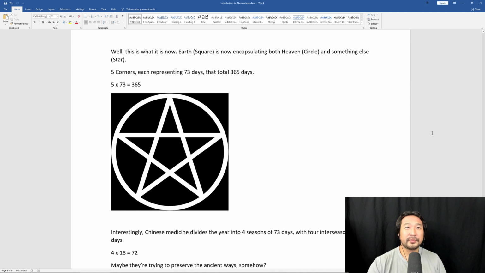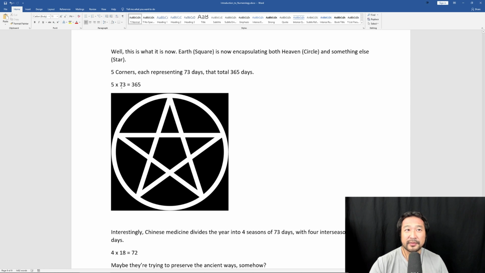So, Earth, the square, and you'll see it's outside the circle now, is now encapsulating both heaven, which is the circle, and something else, which is the star. We have 5 corners, each representing 73 days, that total 365 days.